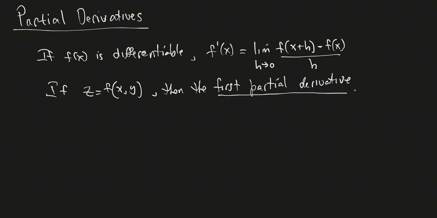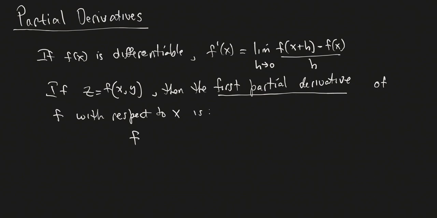Our first partial derivative of, you could say f or z, so you can use either this letter or just the generic letter f. So we'll just go ahead and say f with respect to x is, and this is how it's defined. So I'll give you one notation, and then later on we will discuss several other notations that can be used to represent this. So we'll use this one.